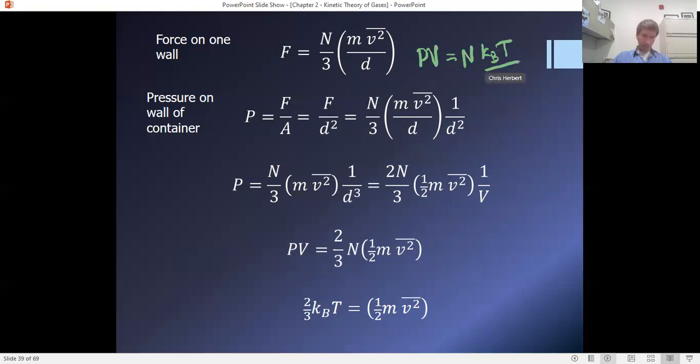So I'm going to pull out kB and say, looking at this whole thing, kBT must be equal to a 2/3 times my average kinetic energy, 1/2 mv squared.